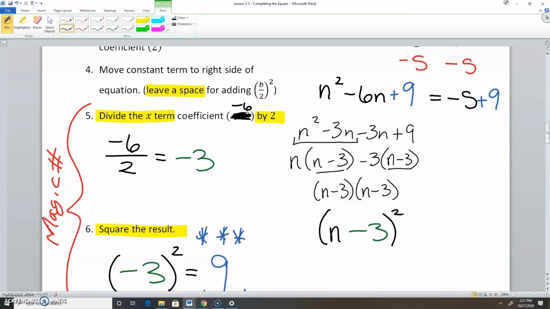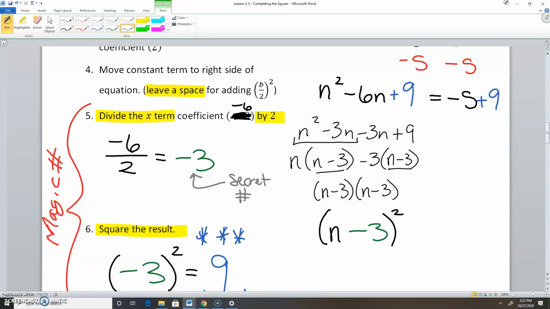Okay? Now, some of you guys might be like, well, why did he write that negative 3 in green there? Well, if you look over here, we found our magic number. Does that negative 3 show up anywhere? We're going to call that our secret number. This negative 3 is called your secret number.